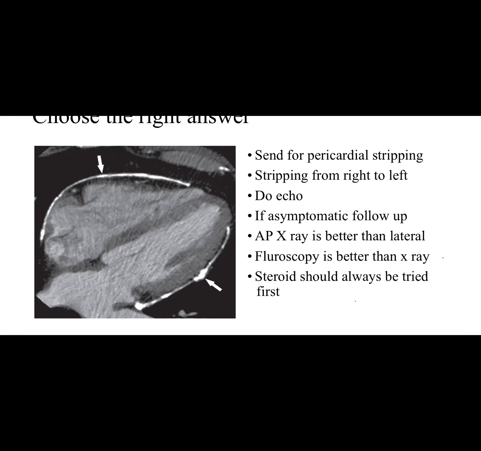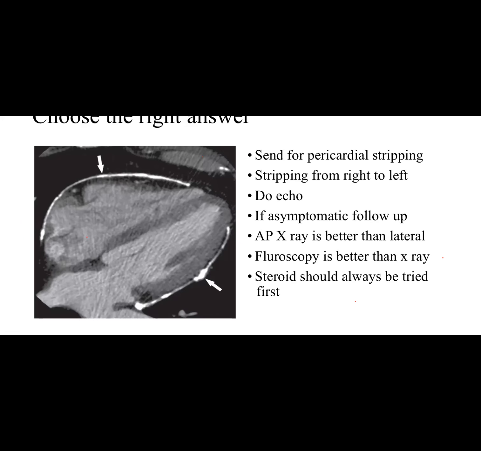Follow up without doing echo? No, it's echo. Exactly. So in an asymptomatic patient, if I see pericardial calcification, I should do echo. Then if the echo showed constriction, I might start management right from here. Not necessarily wait until the patient gets ascites, edema, and all of that, right? So if I demonstrate constriction physiology in echo, I will operate. Good. So the echo is important.